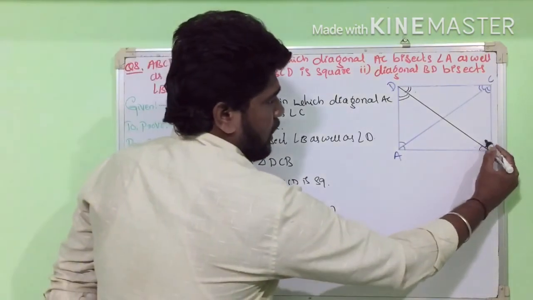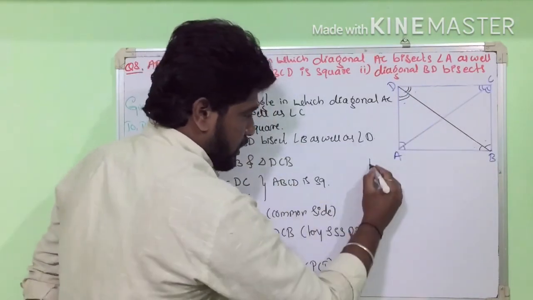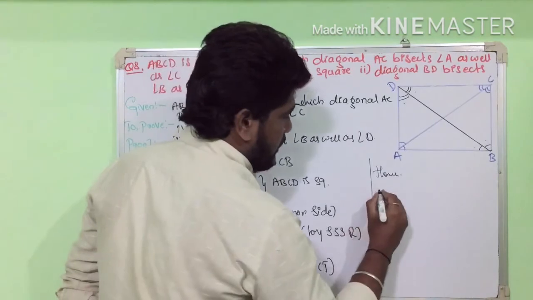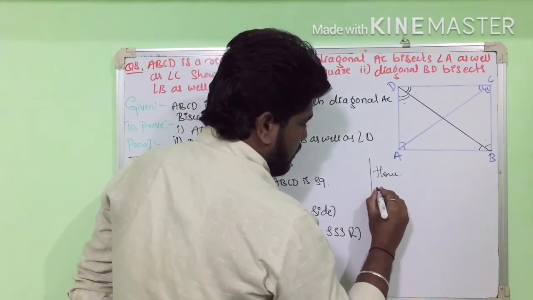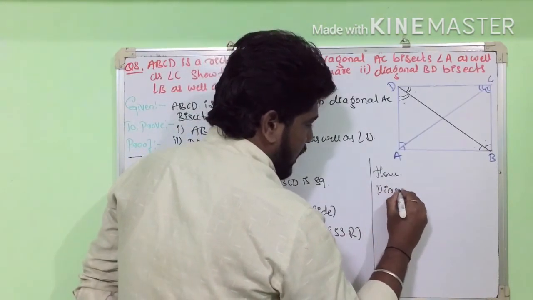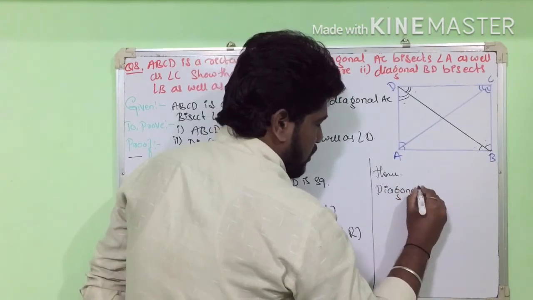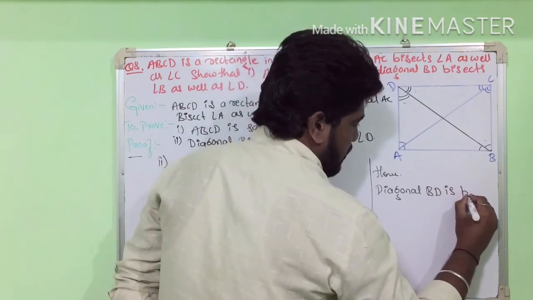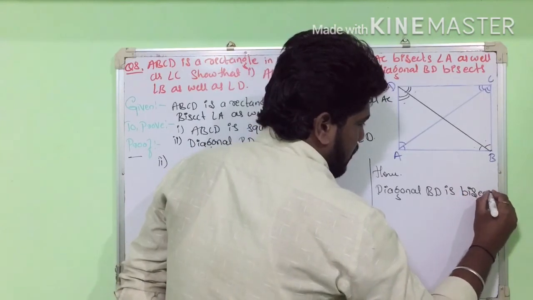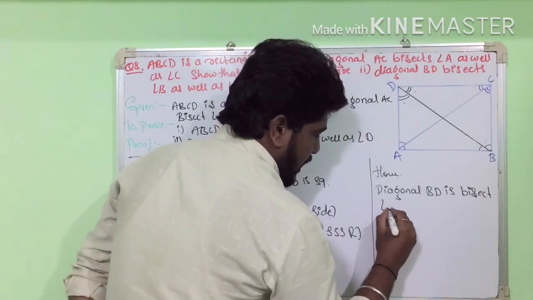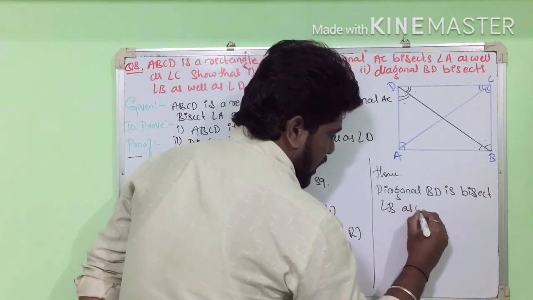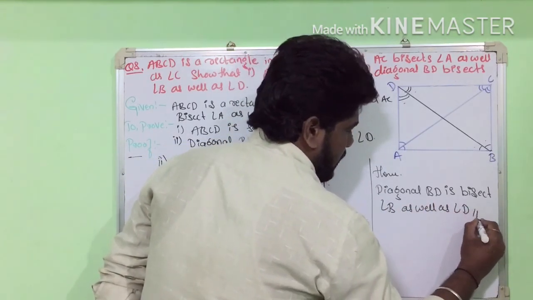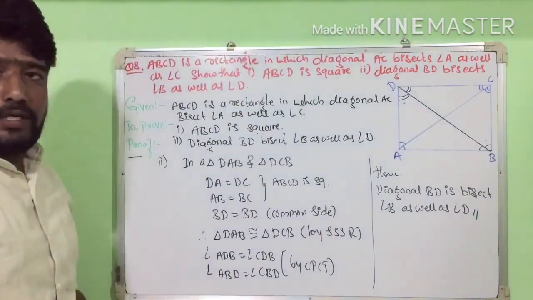So here these two angles are equal and these two angles are equal, hence diagonal BD bisects angle B as well as angle D. Hence proved. Is it clear?